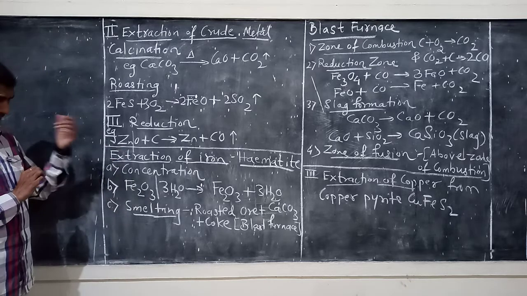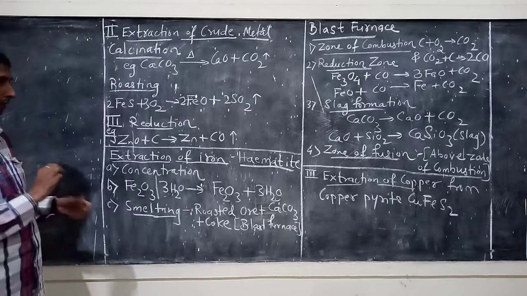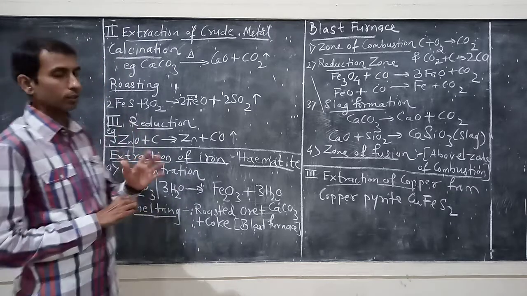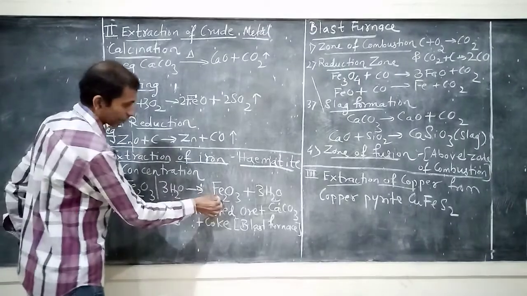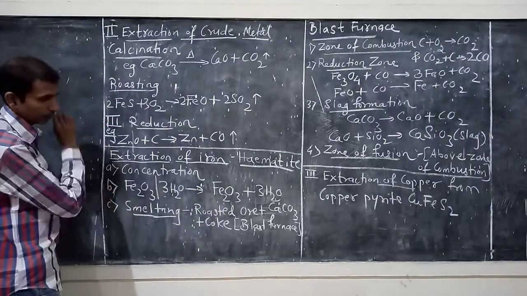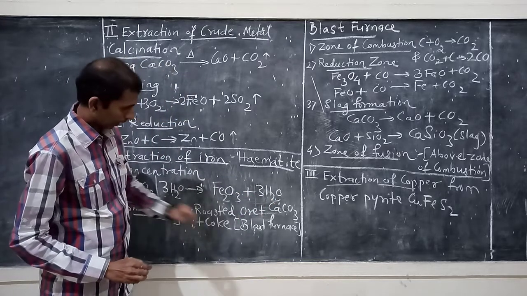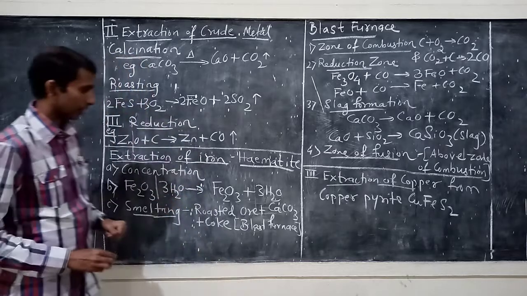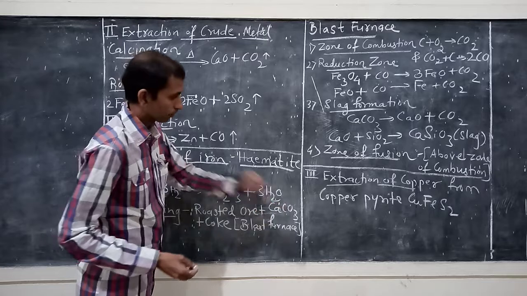So we get the dehydrated form of hematite ore. And once we obtain the dehydrated form of hematite ore, the very next step will be smelting. In the smelting we are using the roasted ore, or the dehydrated ore obtained from the second step, and you mix it with calcium carbonate and coke in the blast furnace. Coke means carbon, and limestone is calcium carbonate.